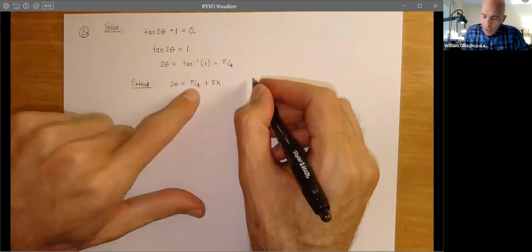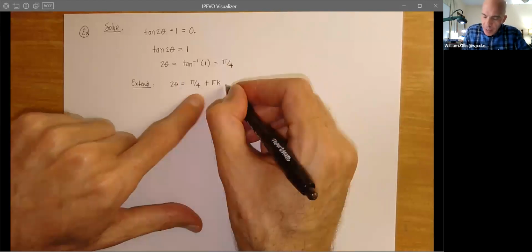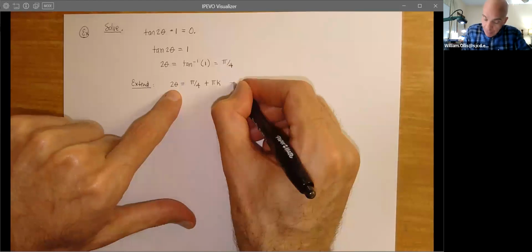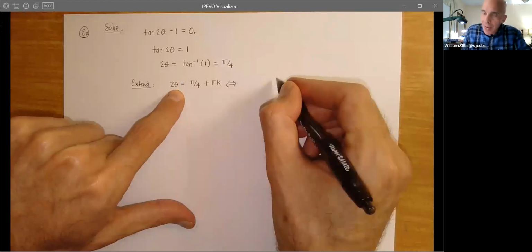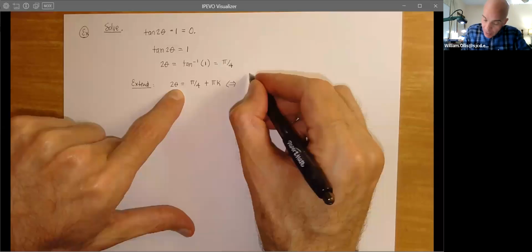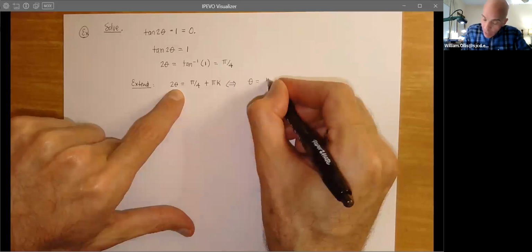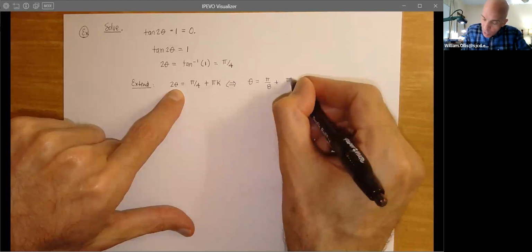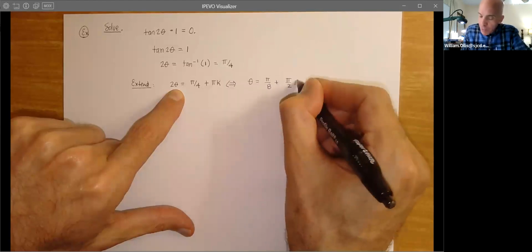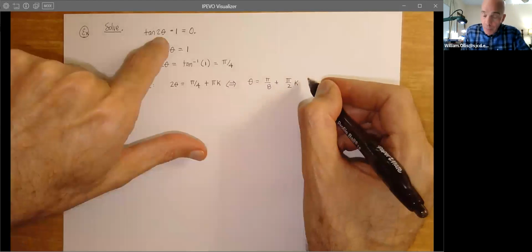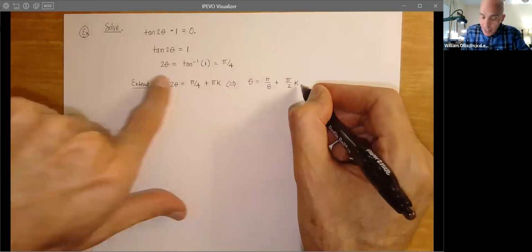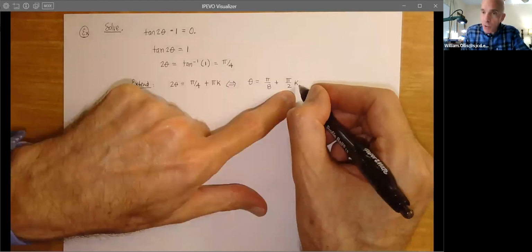And then if you do it this way, you get the necessary arithmetic upon division. Then what are the actual values of theta? Divide by 2. Theta will now be pi over 8 plus, now we get the correct period, pi over 2 k. That's the period of this function here. So when we wait until after we extend to divide, we get the proper period.